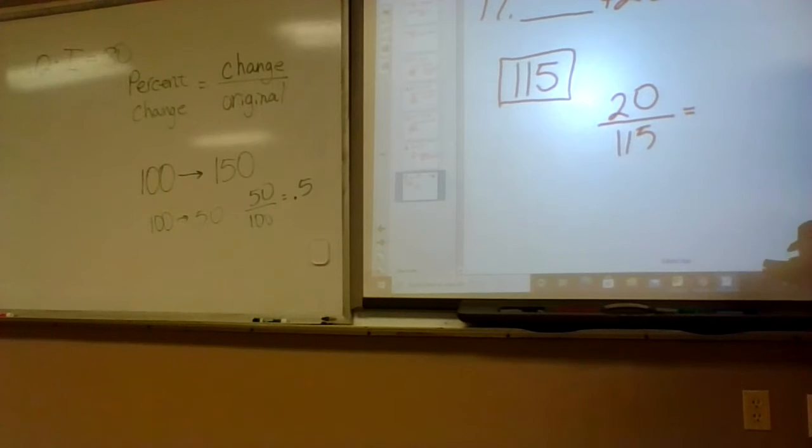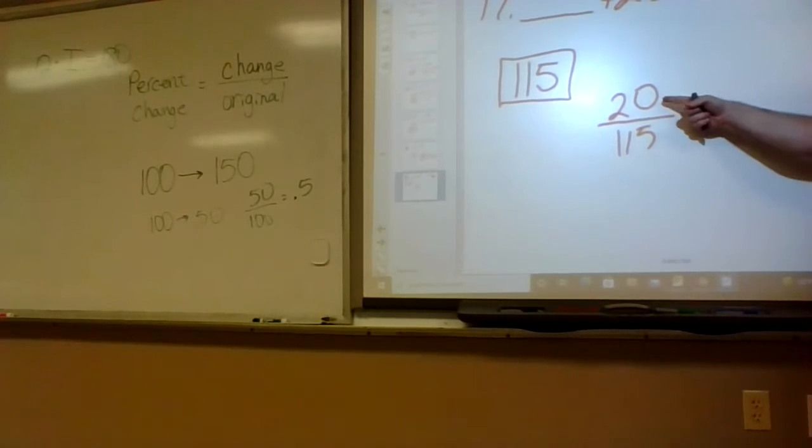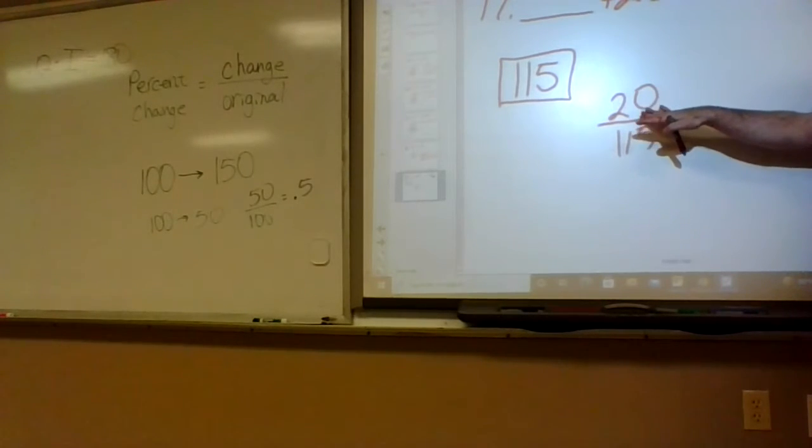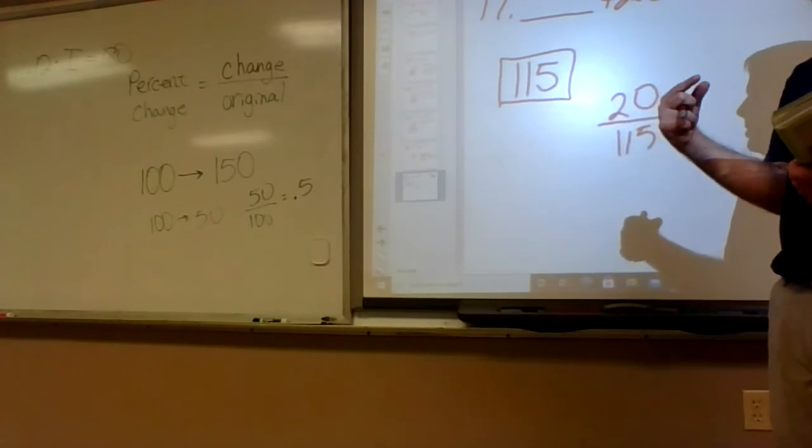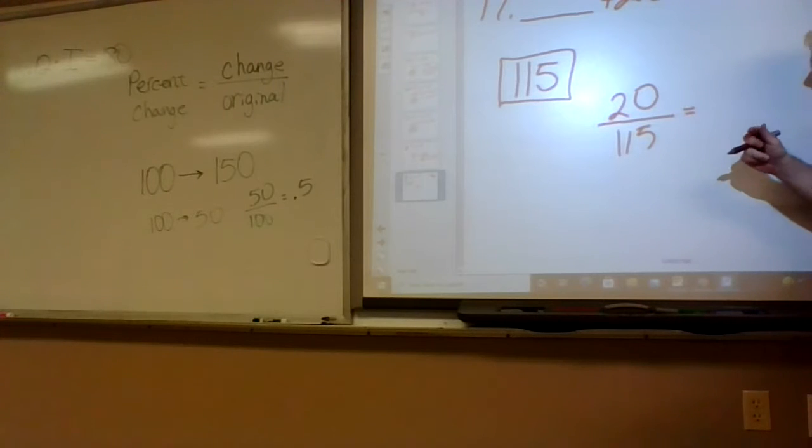Okay, 5.7? No, 1.1? If you're dividing a small number by a big number, it's in the order that it's written: 20 divided by 115. You should get a small decimal.